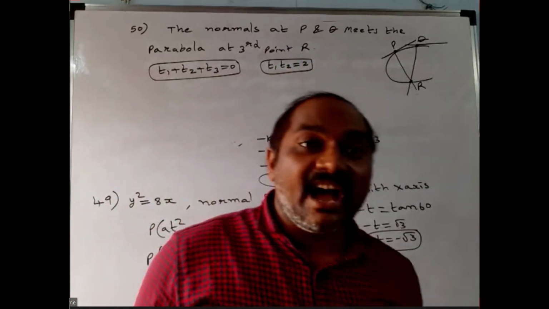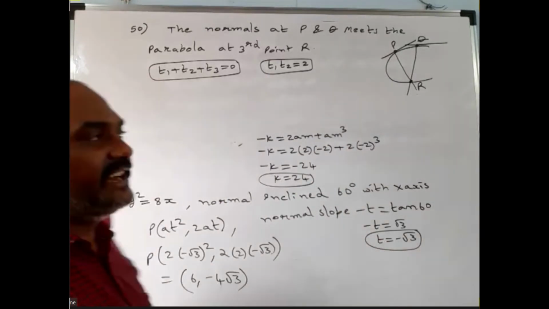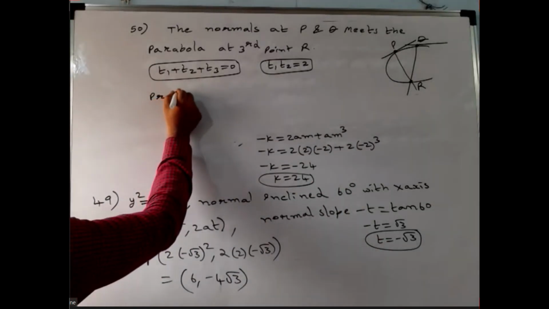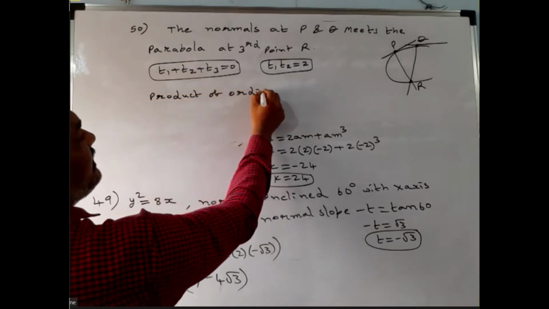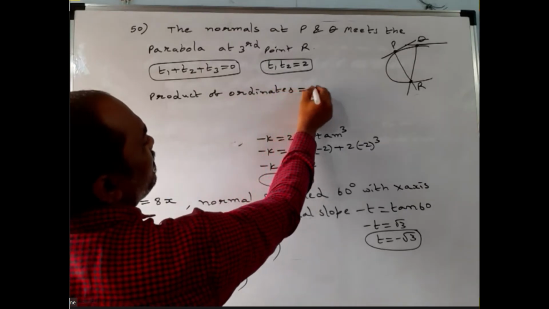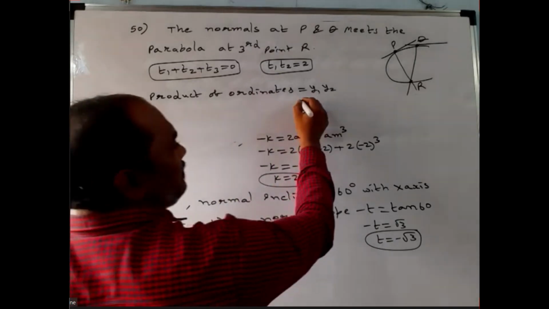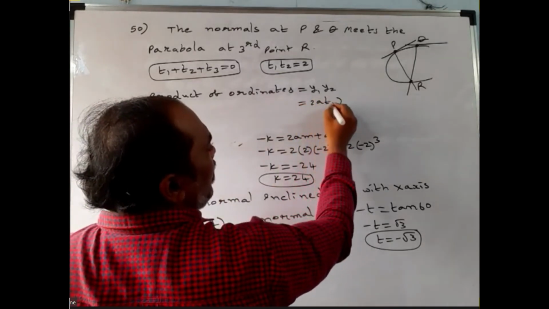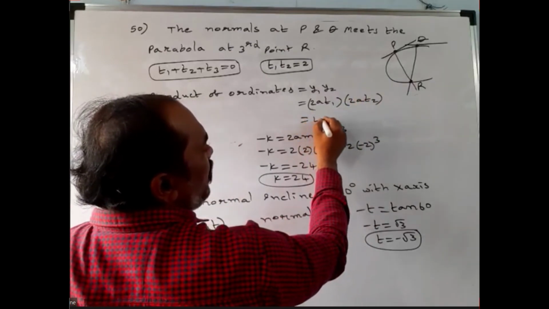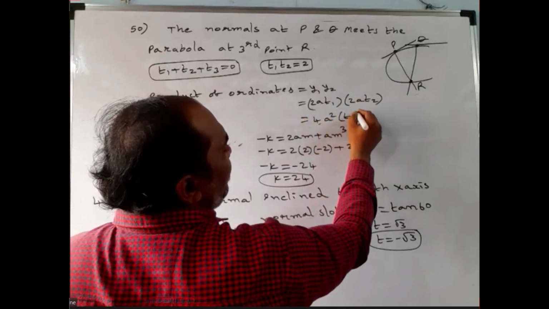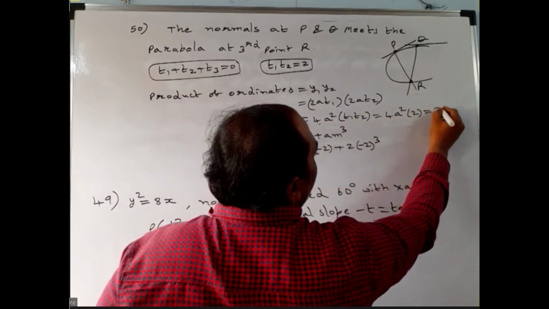Then he asked for the product of ordinates. Product of ordinates means y1 into y2. What about y1? 2a t1. What about y2? 2a t2. So it is 4a² t1 t2, that is 4a² into 2.